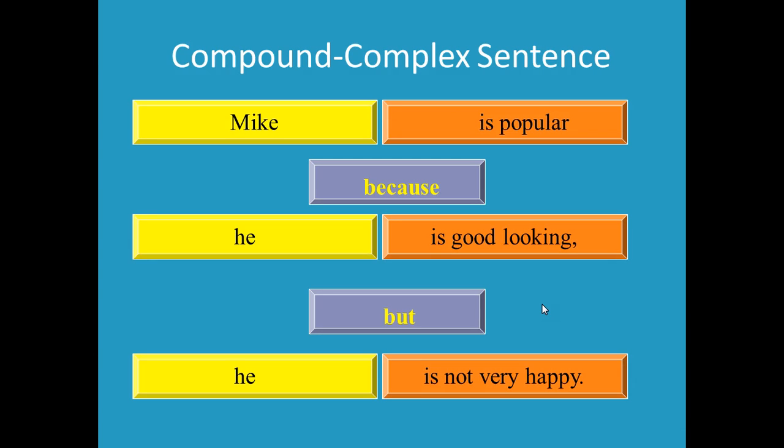He is good looking, but he is not very happy. Okay, so you have 2 independent clauses and 1 dependent clause joined by a conjunction of but.